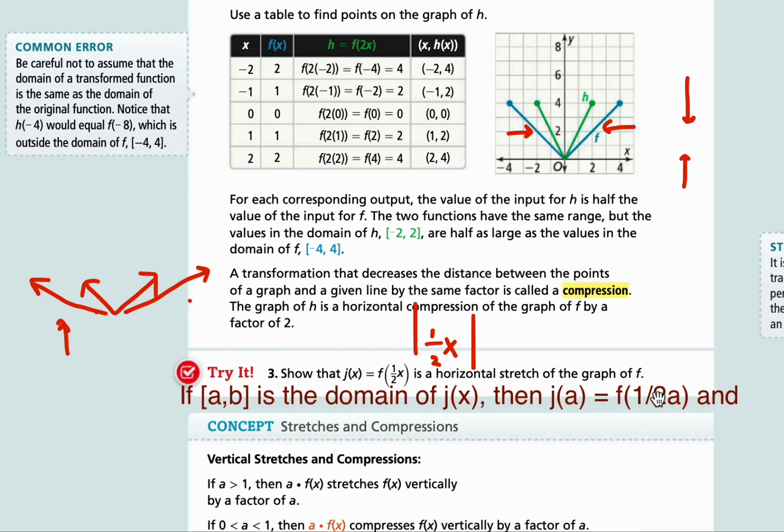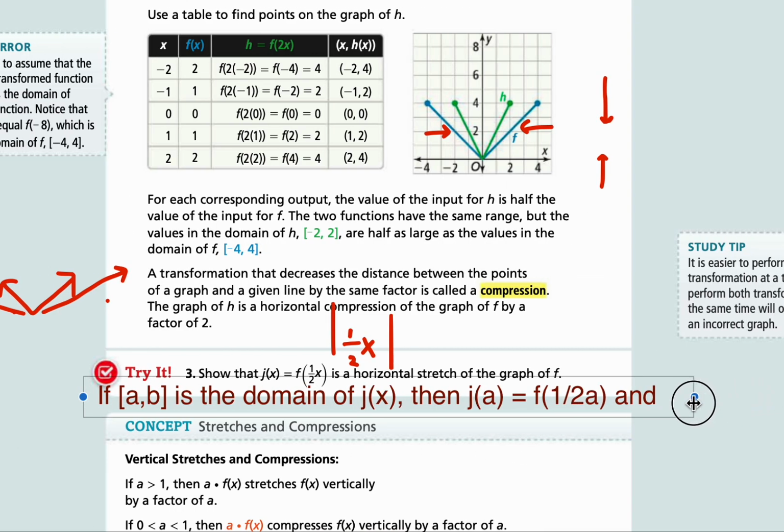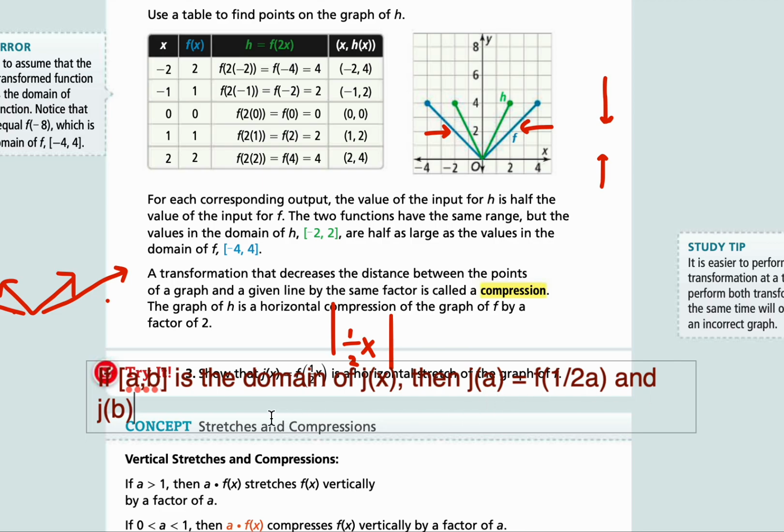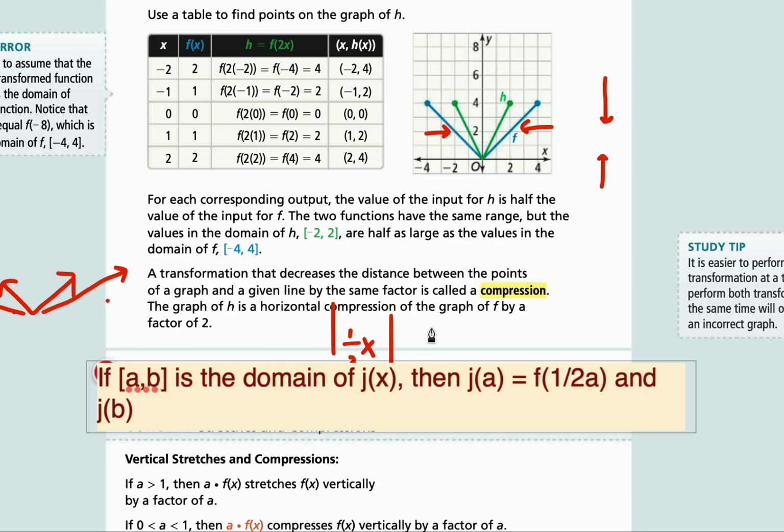Okay, does that make sense? And j of b, so the bigger value of the restricted domain, is equal to f of 1/2 b, right?